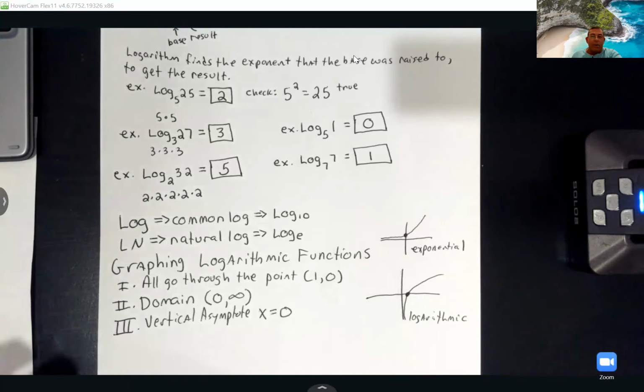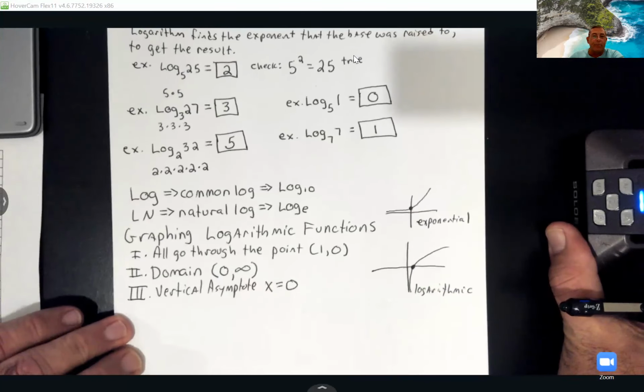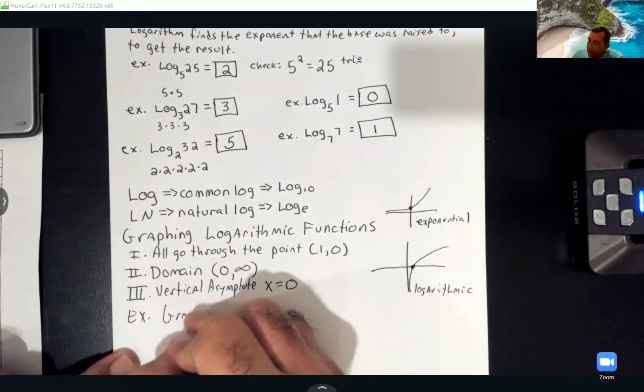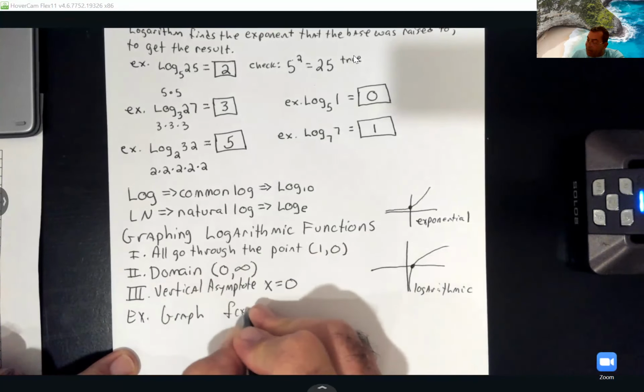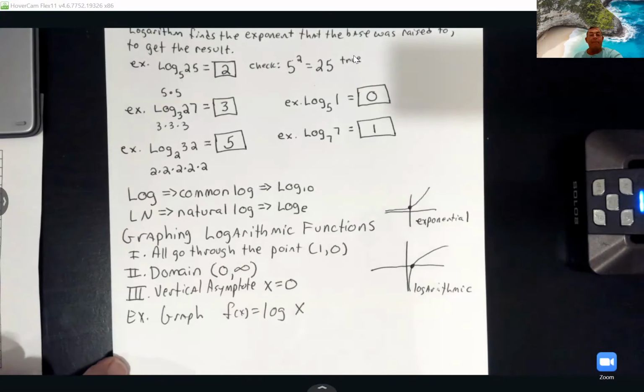So, on the calculator, we're going to graph a few of these real quick just to practice on the calculator. So, we'll graph f of x equals log of x.